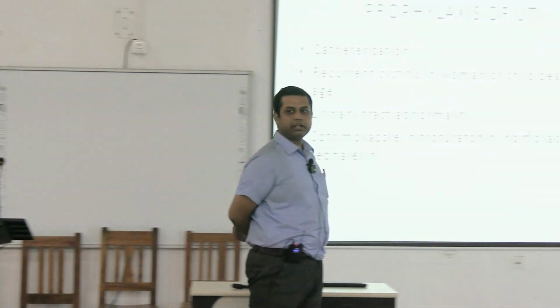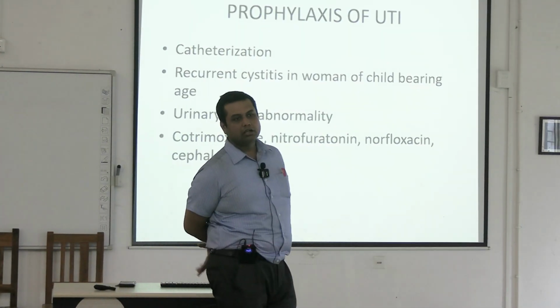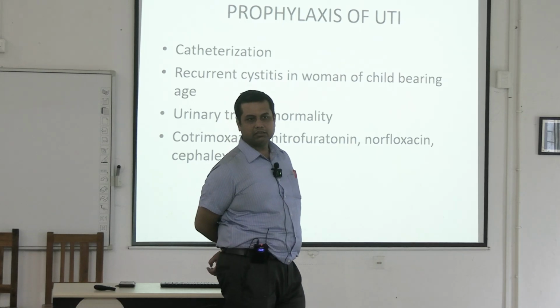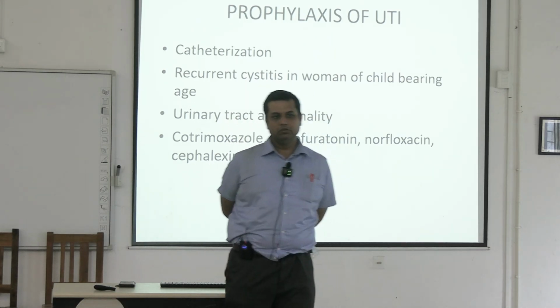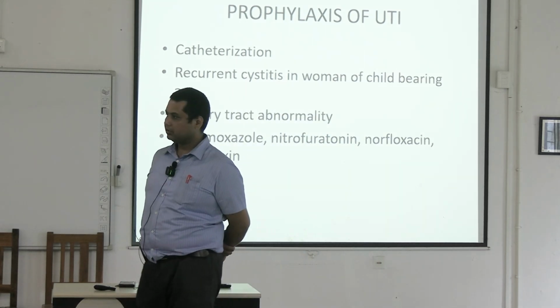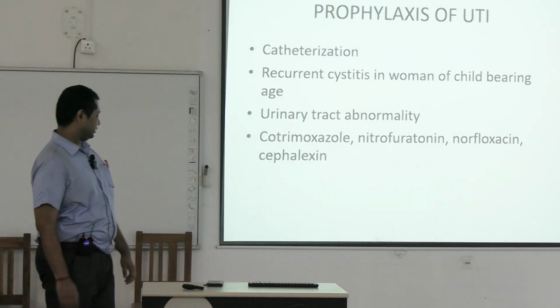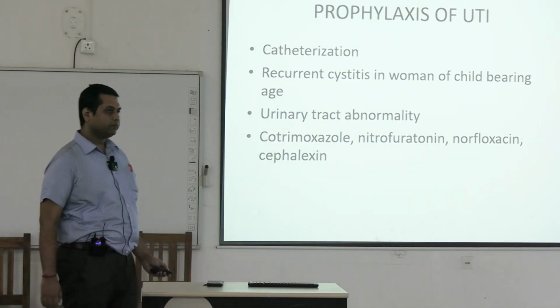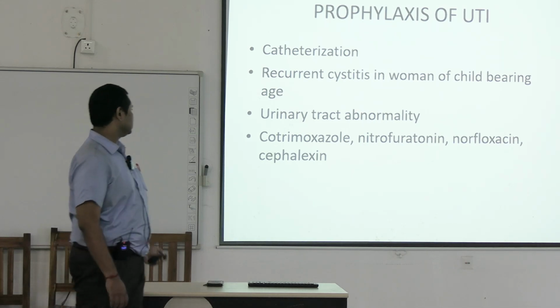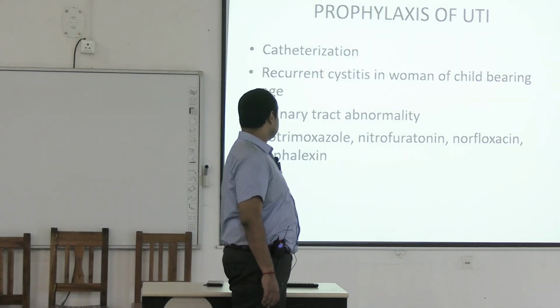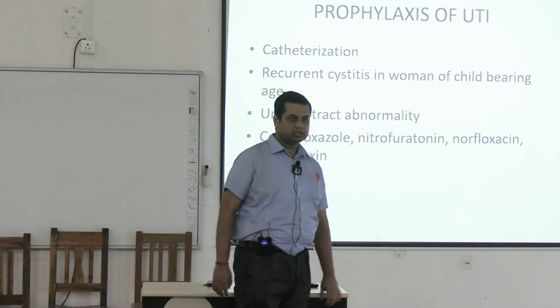If there is urinary tract abnormality, there may be stasis of urine, and any stasis of urine leads to growth of bacteria. Drugs useful: Co-trimoxazole, Nitrofurantoin, Norfloxacin, Cephalexin. Okay.